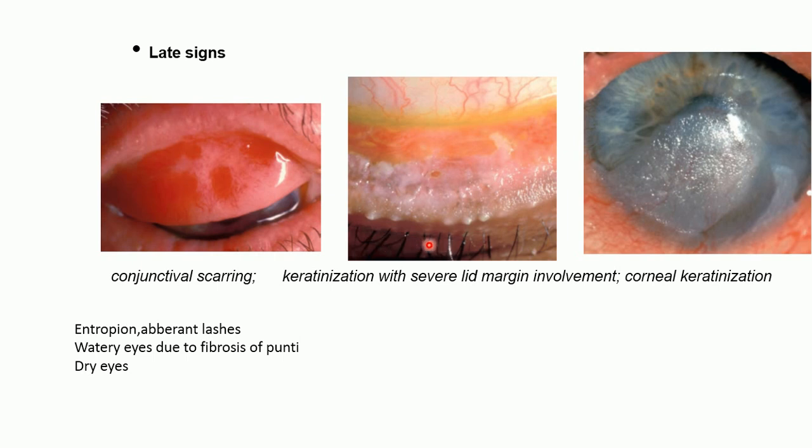Here is keratinization with severe lid involvement. Eyelid complications: cicatricial entropion, ectropion, trichiasis, metaplastic lashes, ankyloblepharon. Keratopathy includes scarring, vascularization, and keratinization as a result of primary inflammation or infection, as well as cicatricial entropion and aberrant lashes. Watery eyes are due to fibrosis of the lacrimal puncta. Dry eyes may also occur as a result of fibrosis of the lacrimal gland ductules, and conjunctival metaplasia with loss of goblet cells.